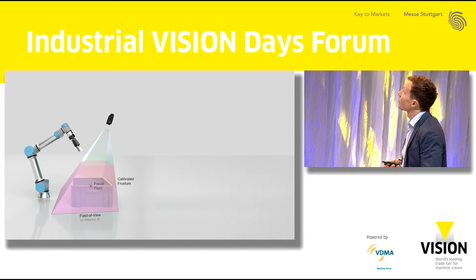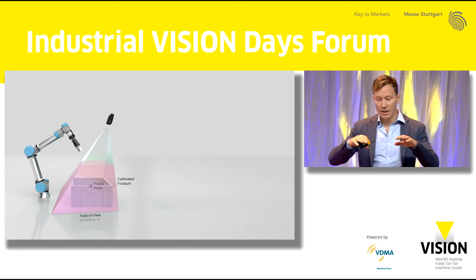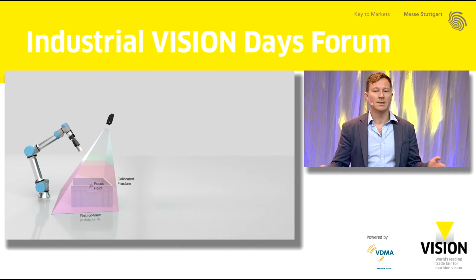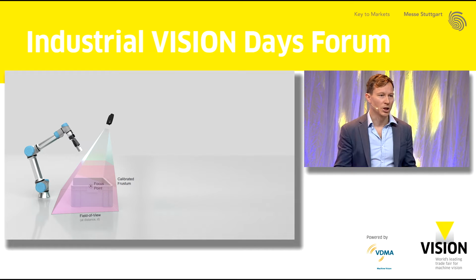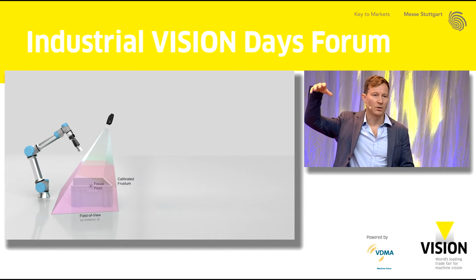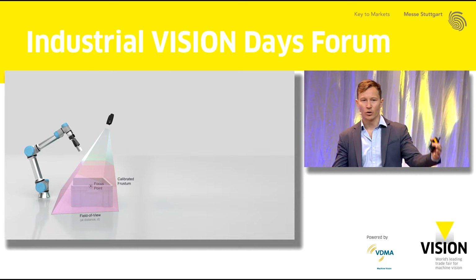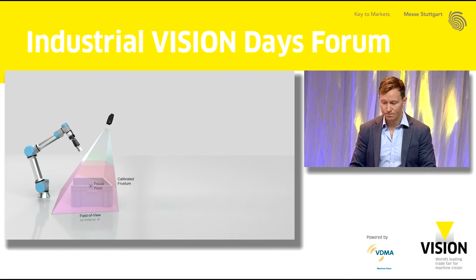So here's a setup with our Zivid 2 camera over a robot. We have the focus point. And then basically, what we use is the calibrated frustum. So what that is really, is the working volume that our camera is designed to work in? It's typically operating from, say, a meter above the bin, and it covers maybe half a meter by half a meter by half a meter cubic region or something of that sort.